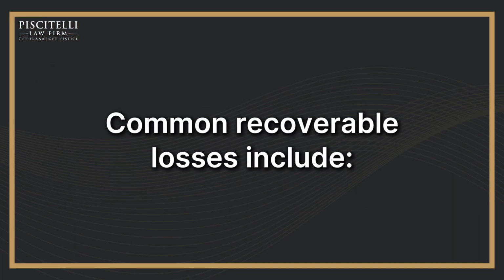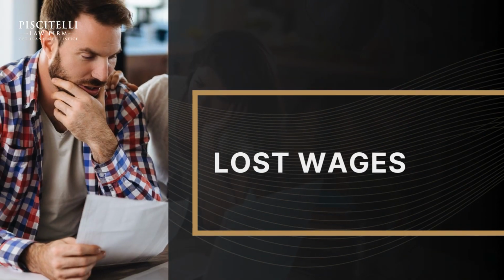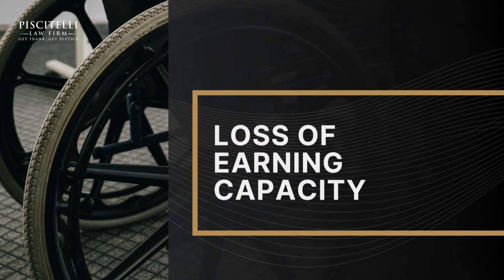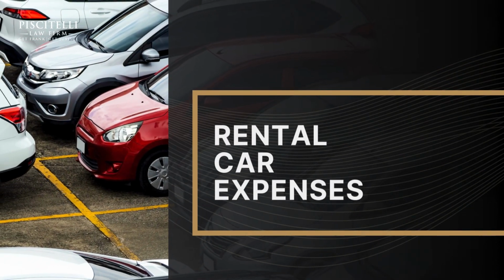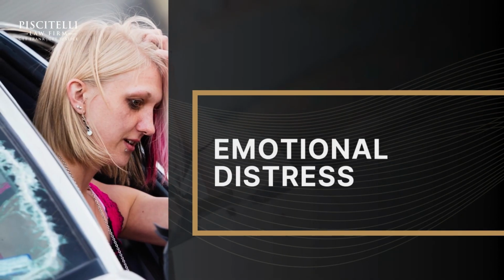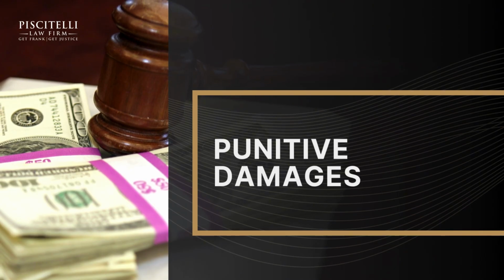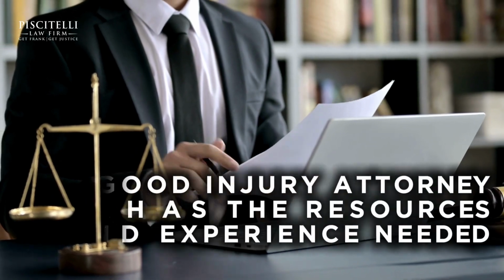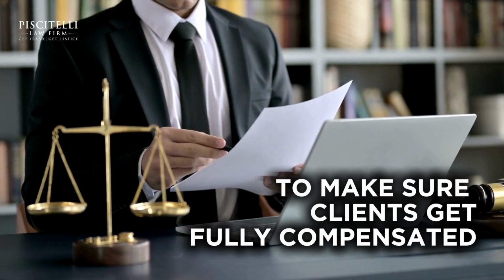Common recoverable losses include medical bills, past and future, lost wages, pain and suffering, loss of earning capacity, damage to your vehicle, rental car expenses, interest on a car loan while the vehicle is unusable, emotional distress, and punitive damages, damages that punish the at-fault party for gross negligence. These damages can be much more difficult to prove, but a good injury attorney has the resources and experience needed to make sure clients get fully compensated for these damages.